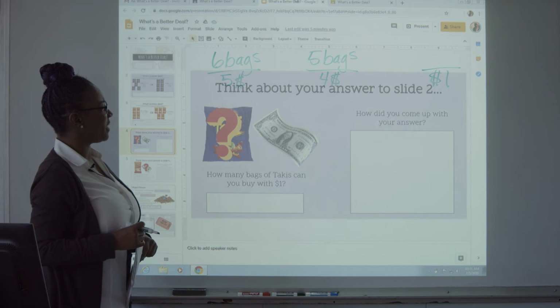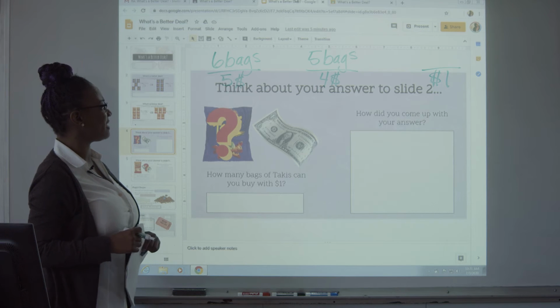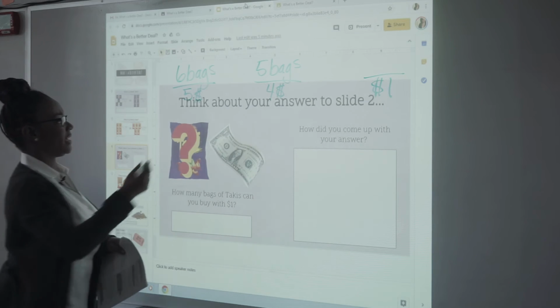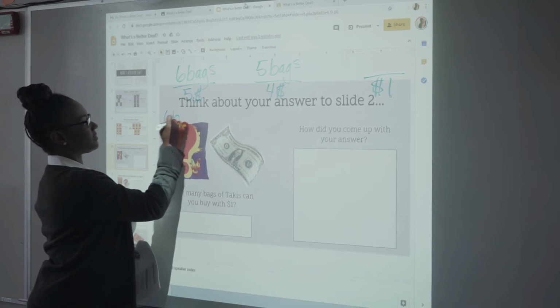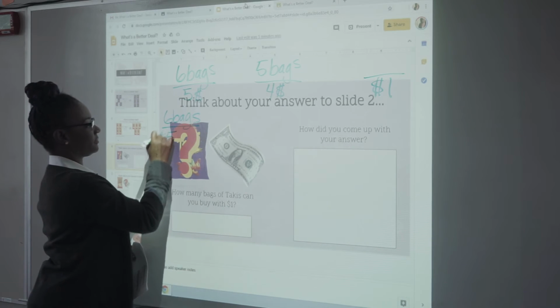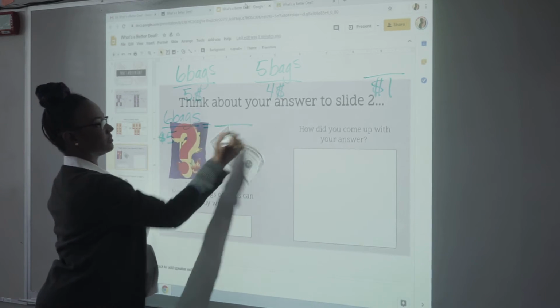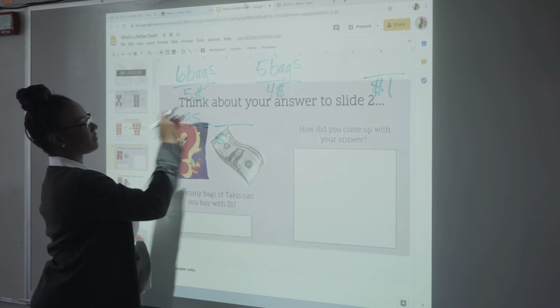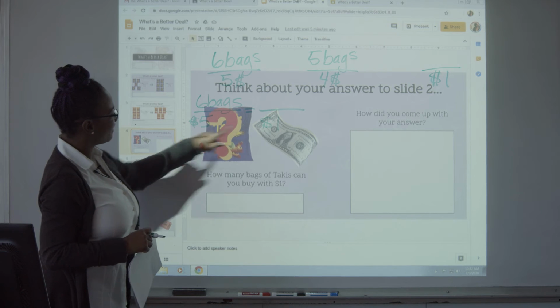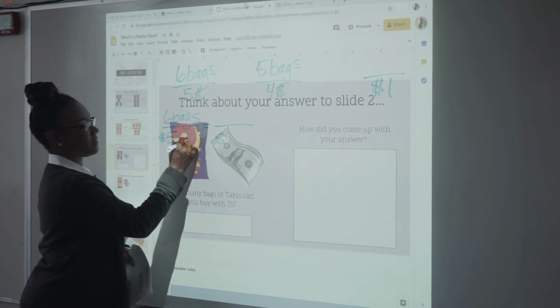Well, some of you guys remember when we were doing our comparisons, we go from 5 to 1 by doing what? So let's make our proportions.